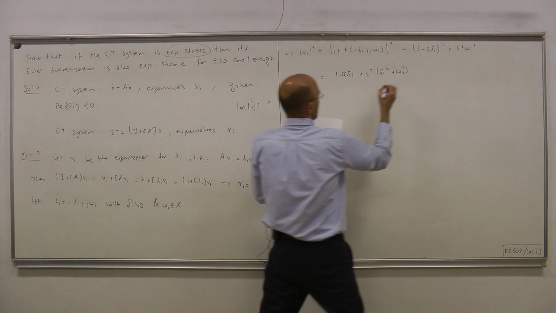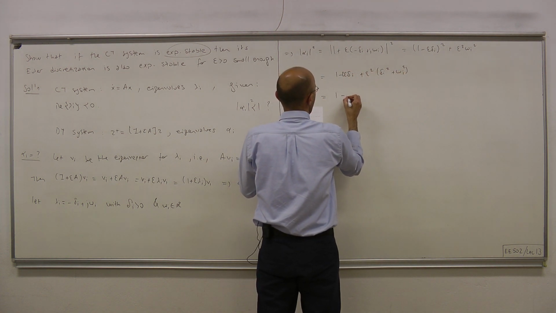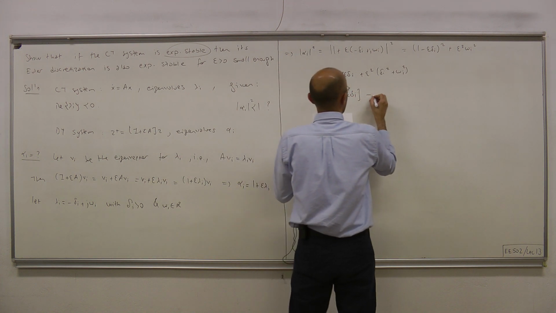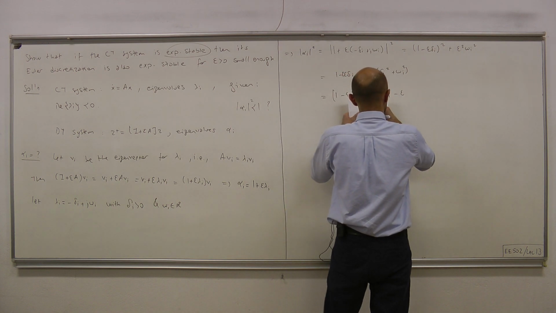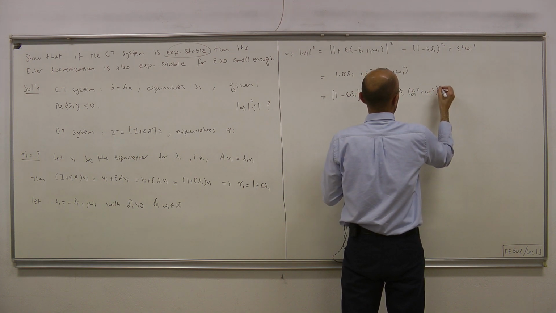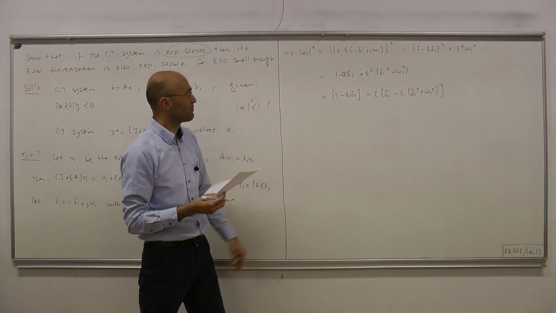And this, okay, can be written as 1 minus epsilon delta I, minus epsilon delta I minus epsilon delta I square plus omega I square. Okay, again we made another reorganization.